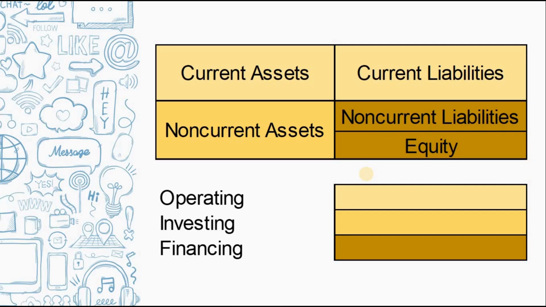So in general, for an easier classification of transactions, cash inflows and outflows that are related to current assets and current liabilities are normally classified as operating activities, while cash flow transactions that are related to non-current assets are normally classified under the investing activities, while cash flows that are related to non-current liabilities and equity are classified under the financing activities.